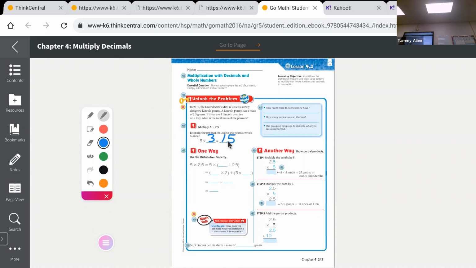So we know that our final answer should be somewhere close to 15, as opposed to like 1 and 5 tenths or 1500. That's going to be important here, because it'll help you with the placement of the decimal point. Does that make sense?